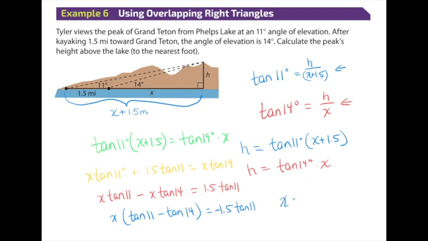Divide, so x equals this guy divided by the group. And you can put that all into your calculator. You will have to do parentheses. And when you do trig functions, it will naturally open parentheses, so make sure you close those too, okay? So in your calculator, you can say negative 1.5 times tangent 11. It will open parentheses, close it. Divide, parentheses, subtract, close parentheses, okay?